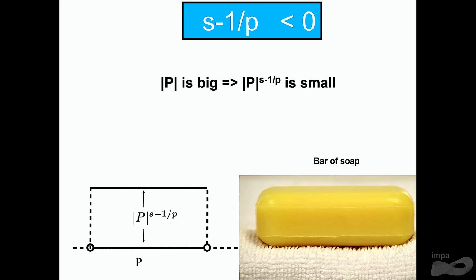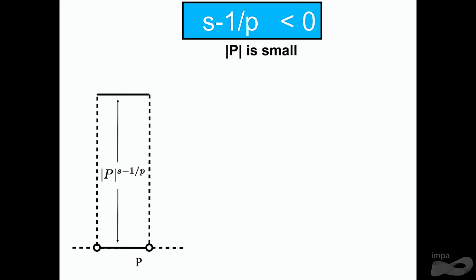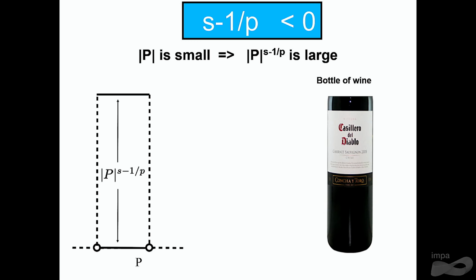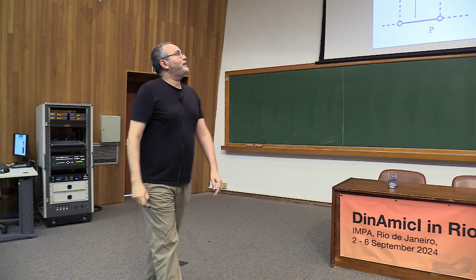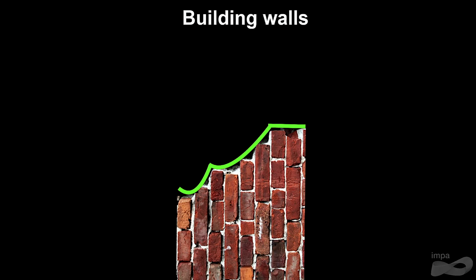Another situation is when the measure of P is very small, so the height is going to be very big. So it's like a bottle of wine. And I'm not an atom, because I'm fat and tall, so I don't fit at all, okay? So the idea is you pick a function, the graph of the function is in green, and you try to build this function using these bricks. So that's the idea of these atoms.